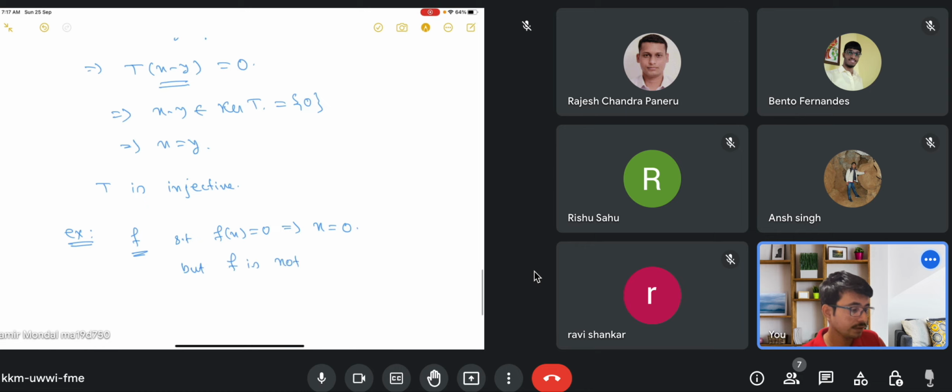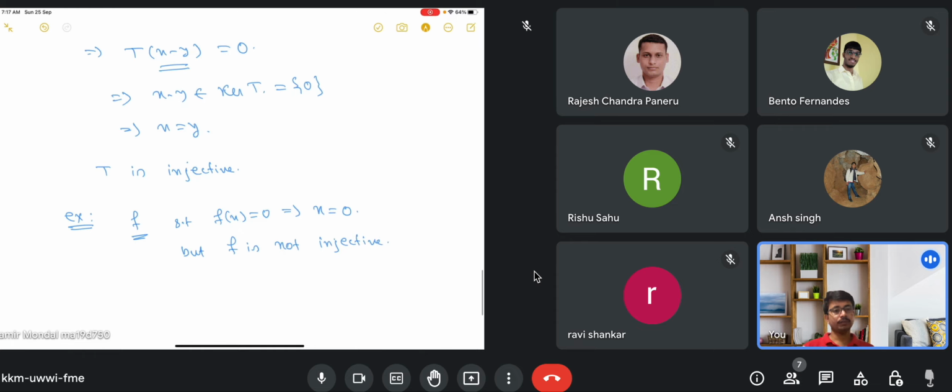Please give me one example of a function.